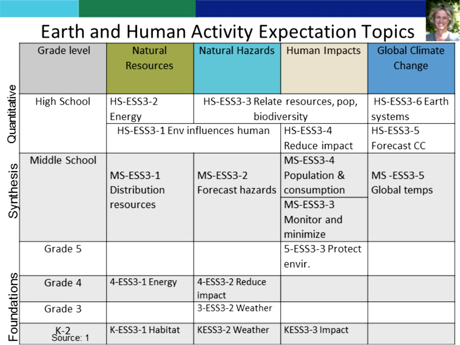First of all, in grades kindergarten through 5, the main ideas are in natural resources, natural hazards, and human impacts. Climate change does not come into it until you get into middle school, when students are able to think more about larger scale systems, deeper time, more interdisciplinary and interactive systems.